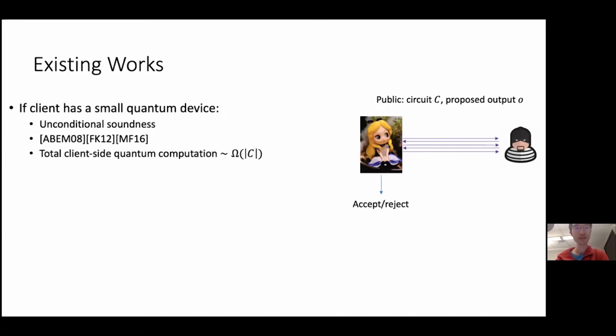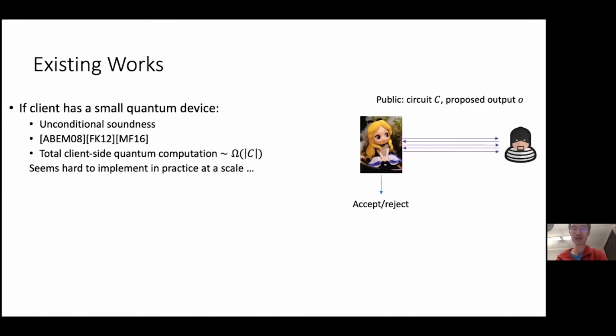However, one drawback of the protocol in this setting is the total client-side quantum computation scales at least linearly with the size of the circuit to be verified. And for some protocols shown here, the complexity might be quadratic or even cubic. Which means this kind of protocol seems hard to implement in practice at a scale.